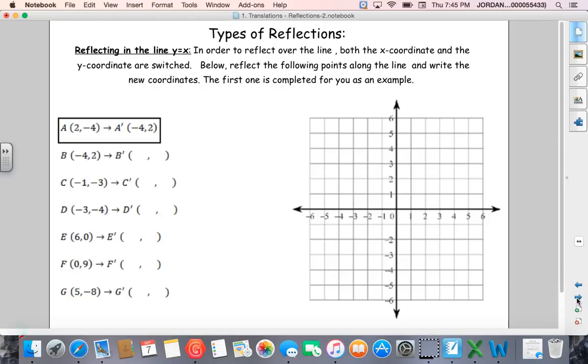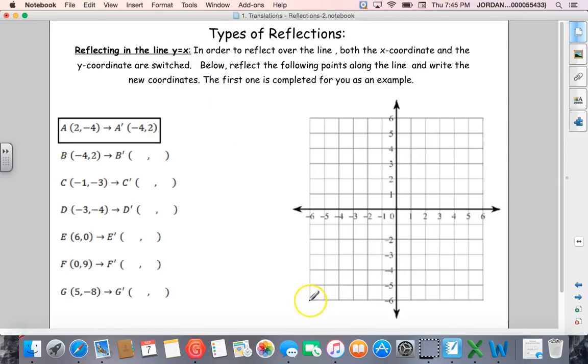Let's roll on. Alright, so another situation that you might have to reflect is reflecting across the equation y equals x. So instead of it being a perfectly vertical line or perfectly horizontal line, it could be a line like this. This is the line y equals x.